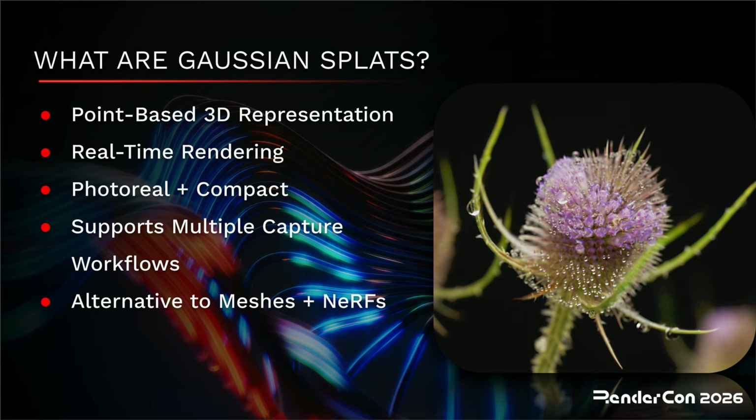They don't need to be constrained by all the shading languages and everything else we do with 3D traditionally. They're photoreal, and they can be very compact, and that's one of the best things about them: you can get entire worlds, environments, or very dense, high-fidelity assets and button them up into a small package. They support multiple capture workflows, and we'll talk about some of those, and they're an alternative to a mesh or NeRF.